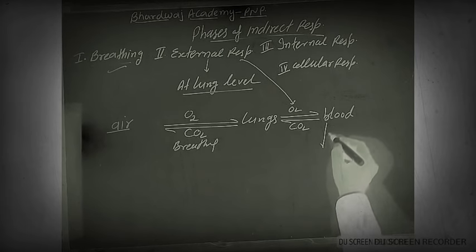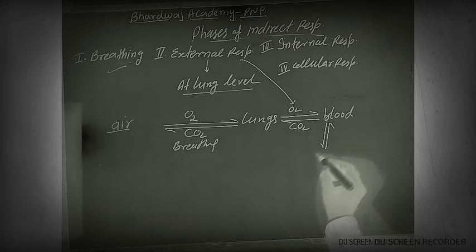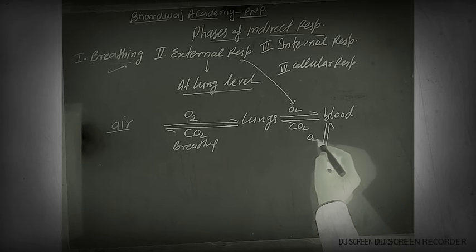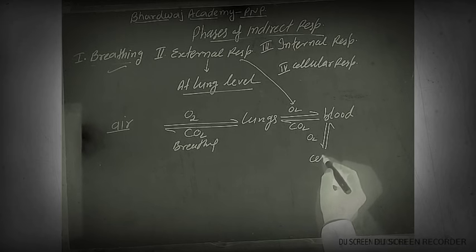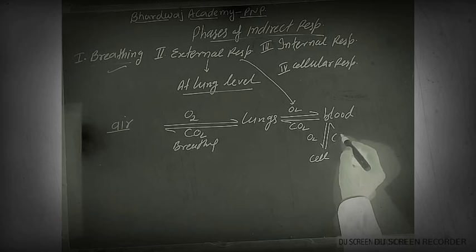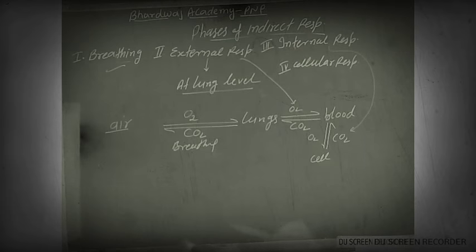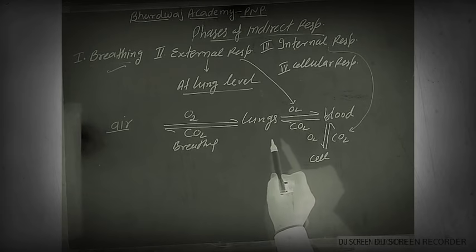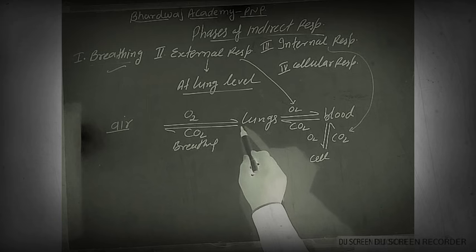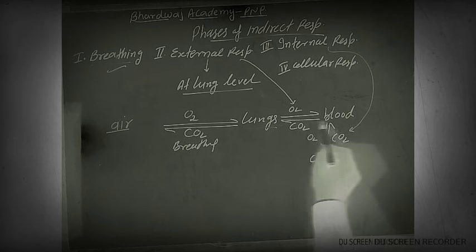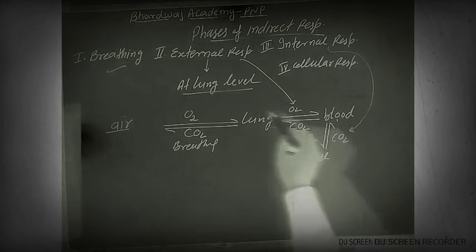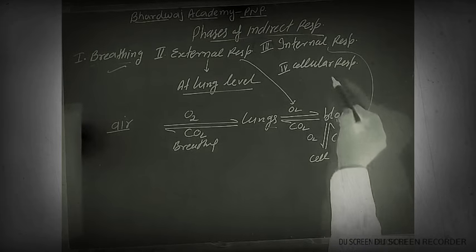Then from the blood, oxygen enters into the cell and carbon dioxide enters into the blood. This is called internal respiration. External respiration means the transport of oxygen from the lungs to the blood. This occurs at lungs level. And the second one is internal respiration.